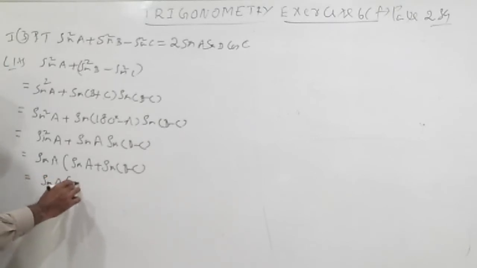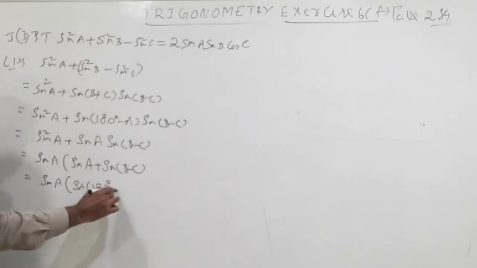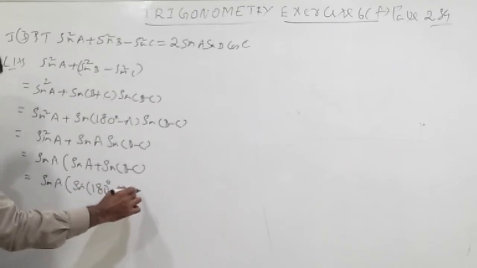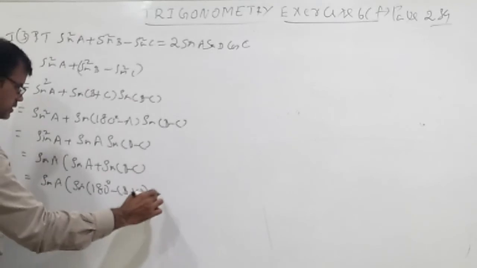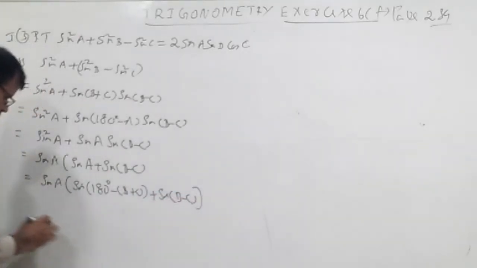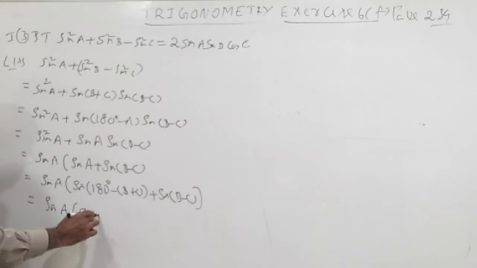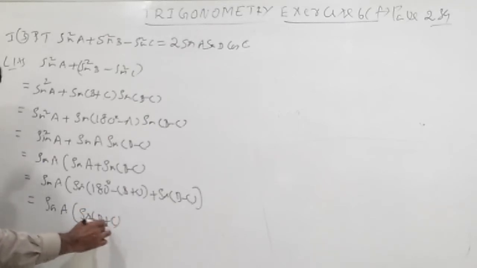That is equal to sin A into sin of, instead of A you can write 180 minus of B plus C, plus sin B minus C. That is equal to sin A into sin 180 minus theta can be written as sin theta.